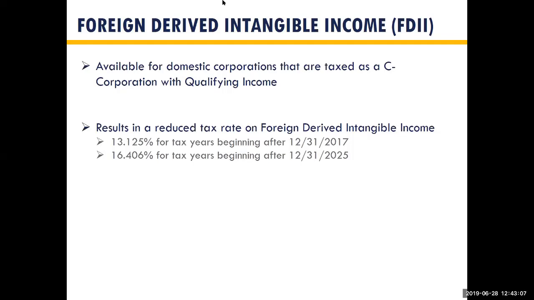The IRS is specific on what is qualified income, so we can help you determine what is considered qualified foreign derived intangible income on that. But you can kind of see the preferential rates here if you meet these requirements.